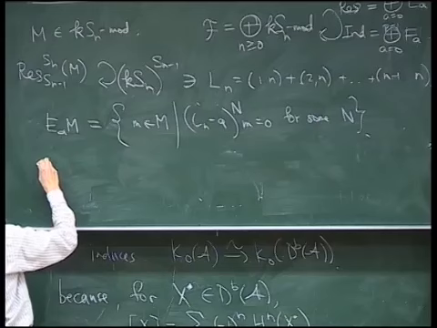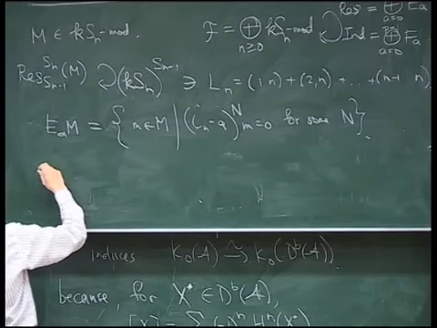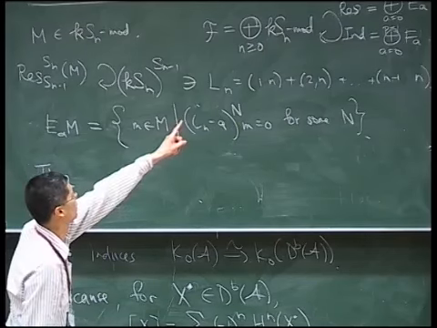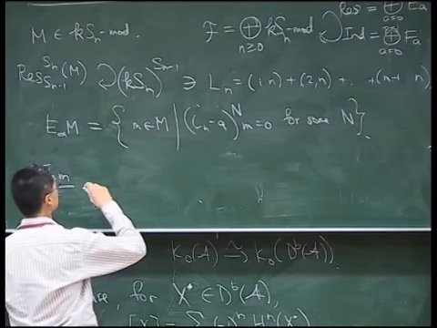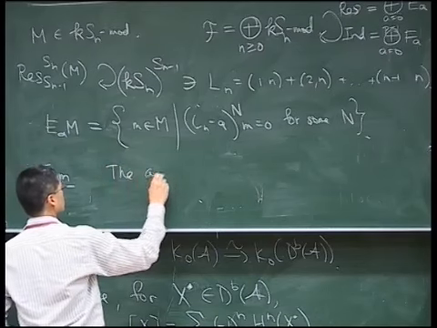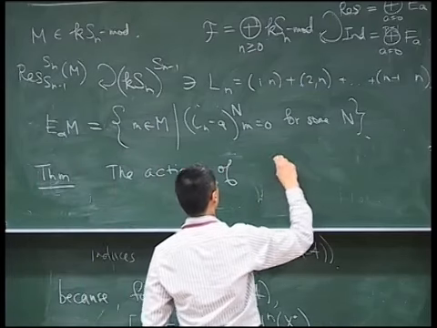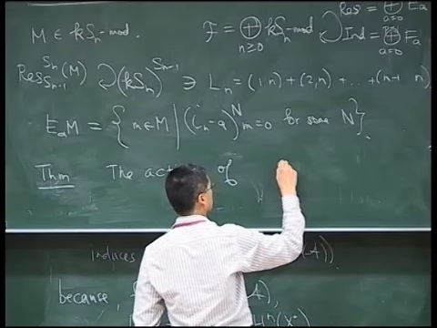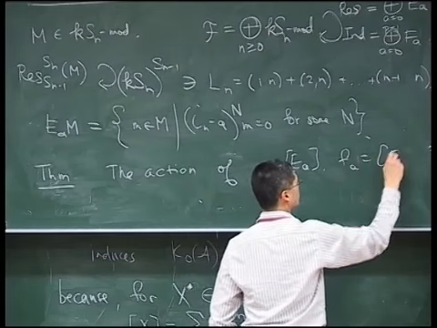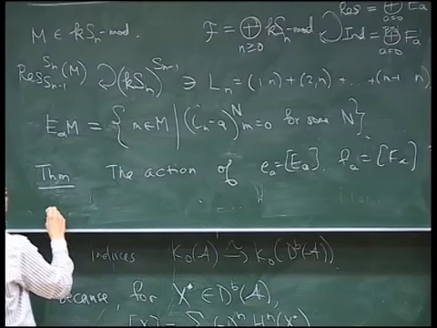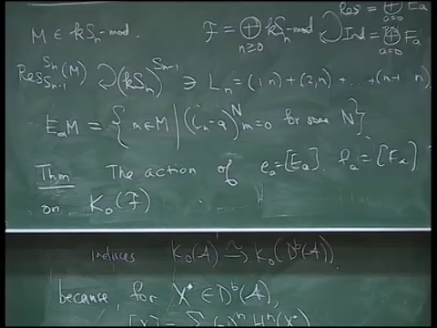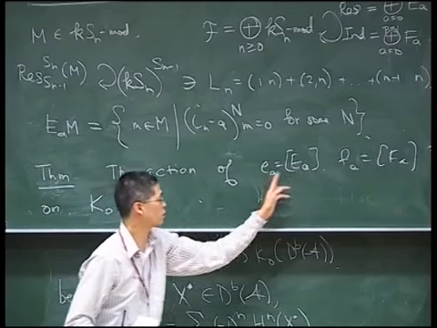Okay, and then the result which starts the whole categorification story off is that when we pass to Grothendieck groups, the action of these operators on the Grothendieck group of F extends to an action of a Kac-Moody algebra, where these are the usual Chevalley generators.